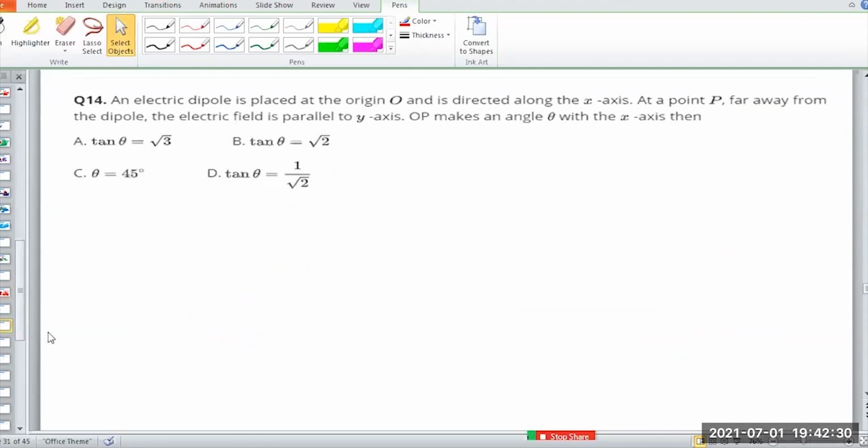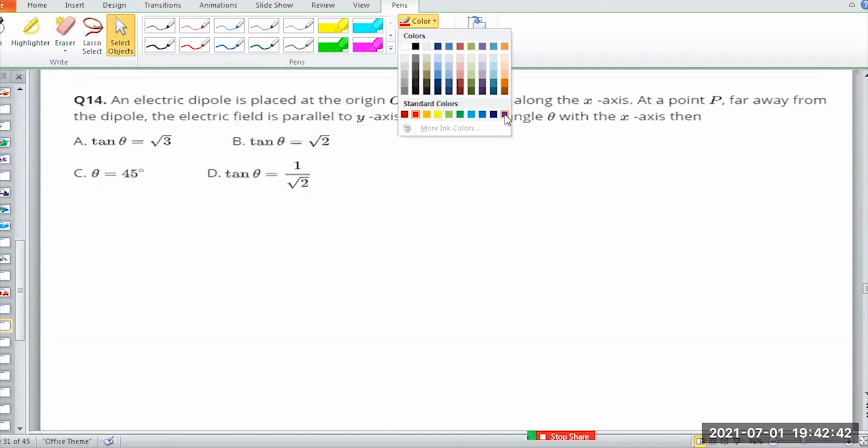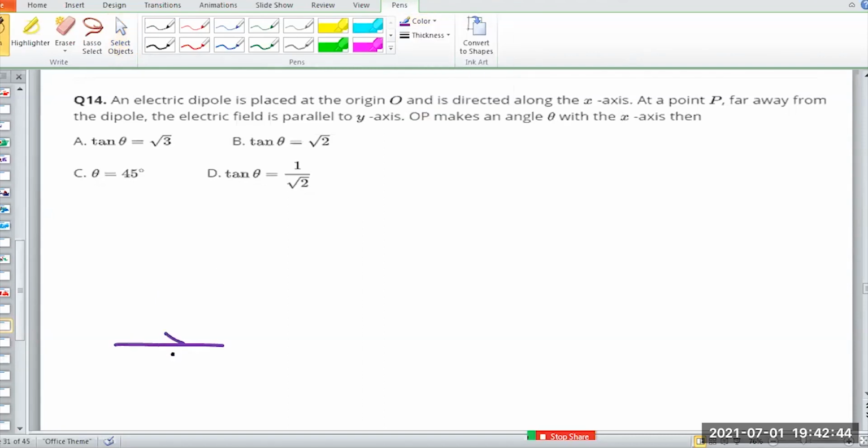Question number 14. Again, the same question in the same direction only. The electric field is parallel to the y-axis. So what it is saying is that my electric field is given, the dipole is given, placed along the x-axis. A point P is there. OP is making angle theta.